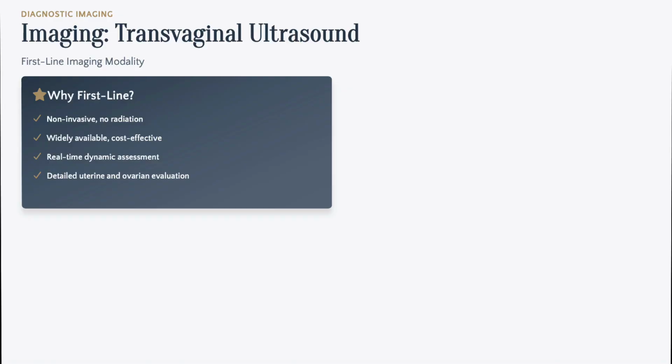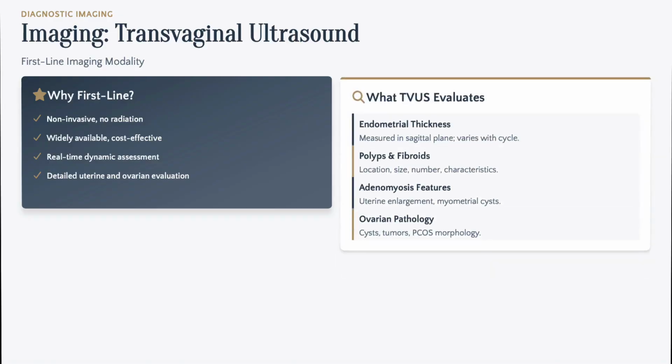So TVUS evaluates several key features like endometrial thickness, polyps and fibroids, adenomyosis features, and ovarian pathologies. It is really very important to do that.